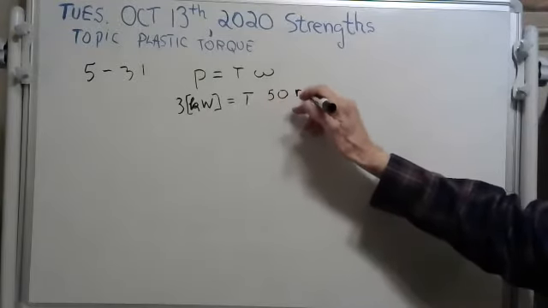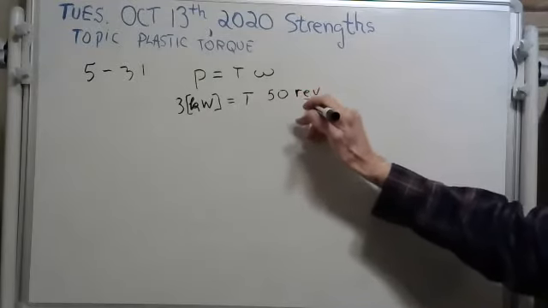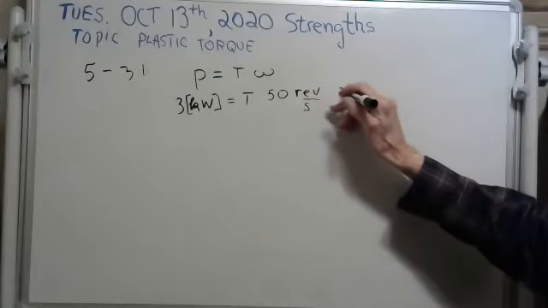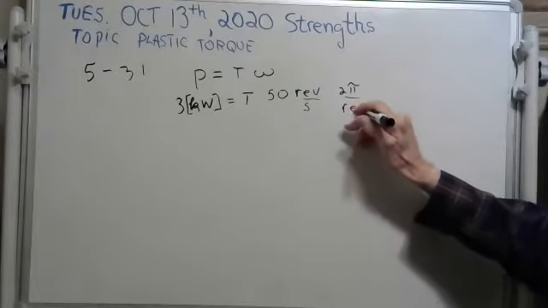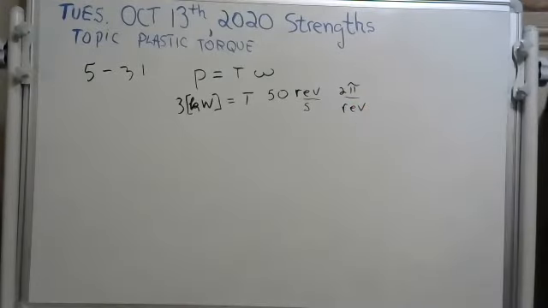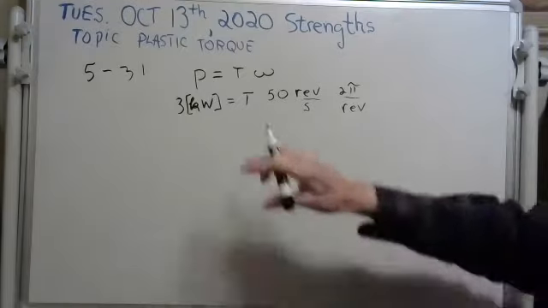But we don't want revolutions per second, we want radians per second. So you have to convert that. But when you do that, you'll get your torque.